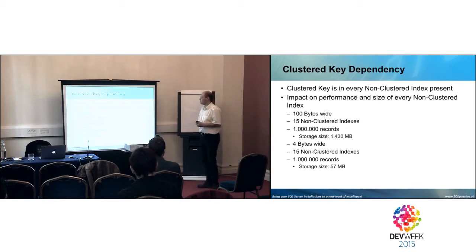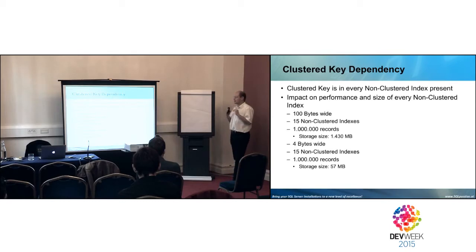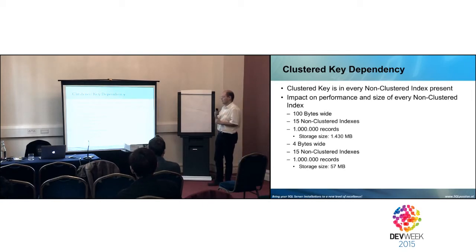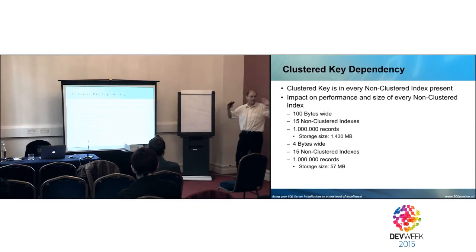Imagine the following. We have a table with 1 million records, and I create, for example, a clustered key on a column which is 100 bytes long, and I create on that table 15 non-clustered indexes. In that case, we have a storage size of those indexes of around 1.4 gigabytes.